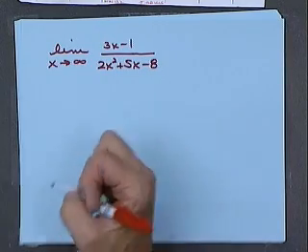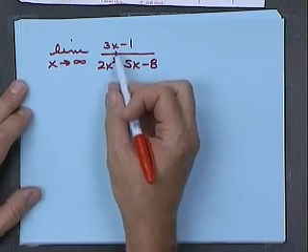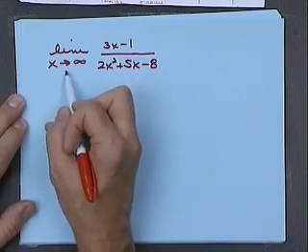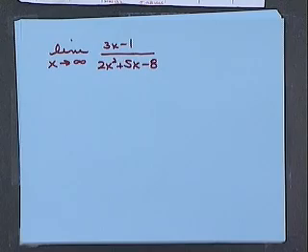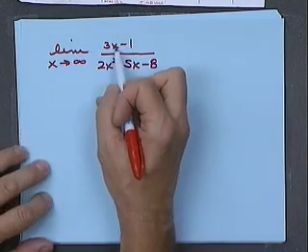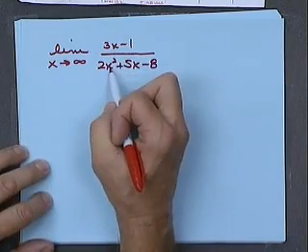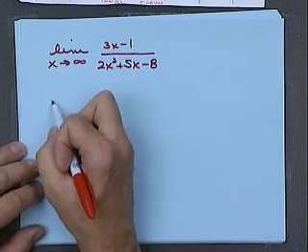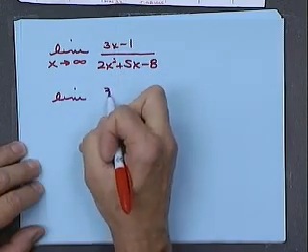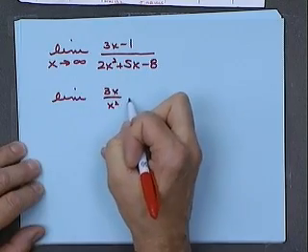Okay, well, let's just use our backup. Look at the degree. Well, let me go back a step. X is approaching infinity, so it's going to fit into this little subset of what we're examining. X to the first in the numerator, x to the second in the denominator. So the largest degree that we see is x to the second.